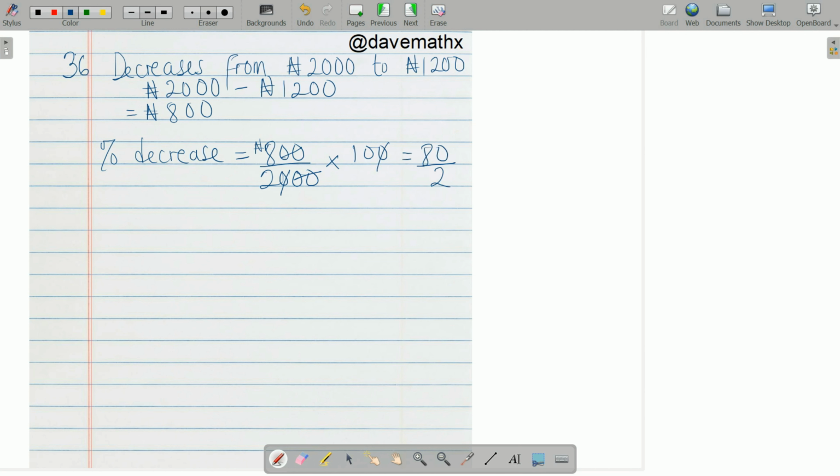The decrease in percentage becomes 80 over 2, which then becomes 40%. And that's our final answer.